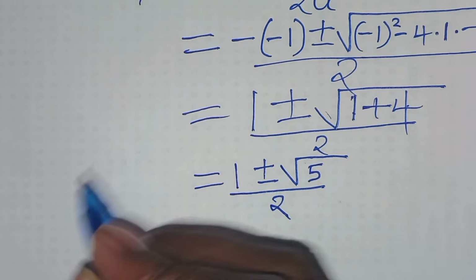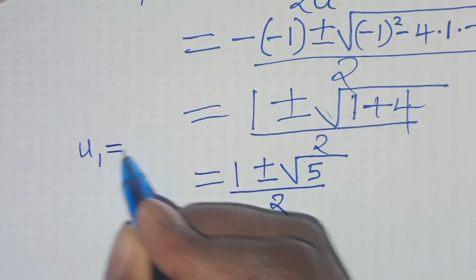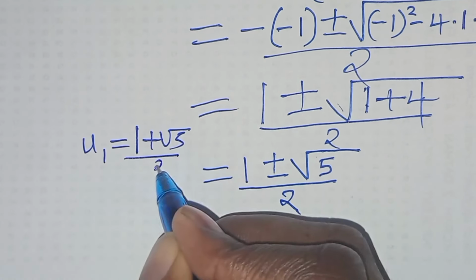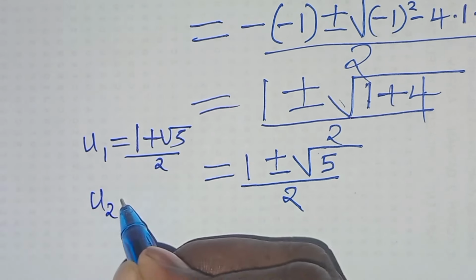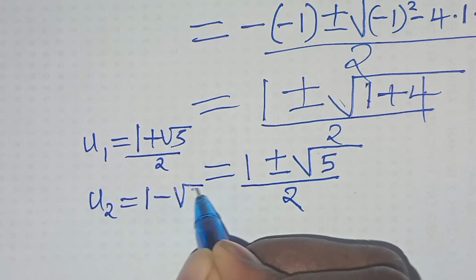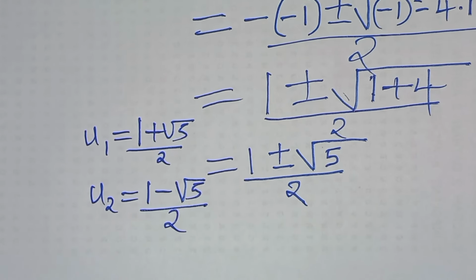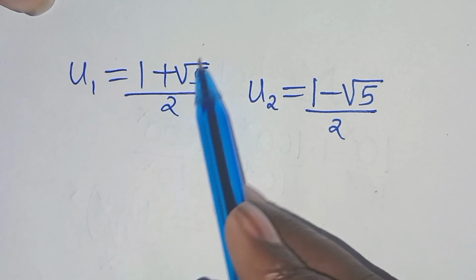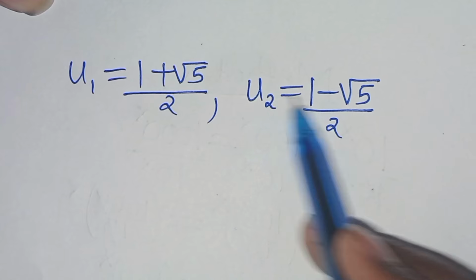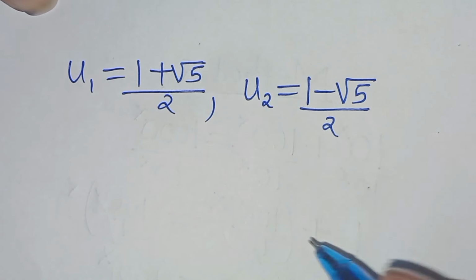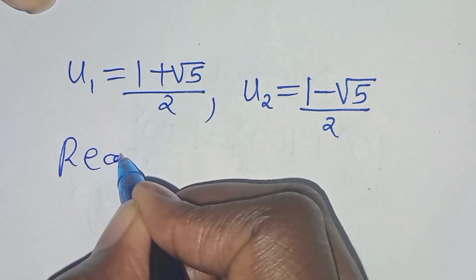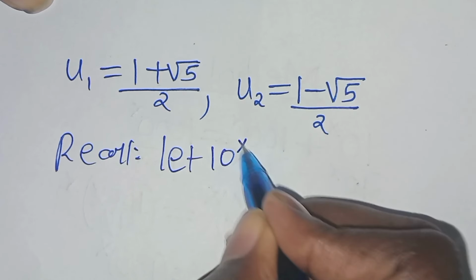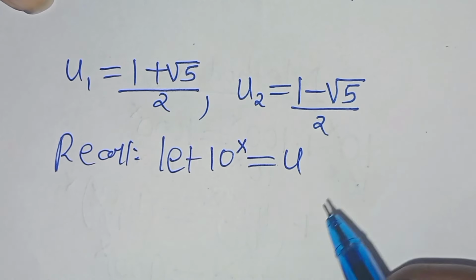So this implies that we have u1 equal to 1 plus square root of 5 over 2, and u2 is equal to 1 minus square root of 5 over 2. And if you recall, we let 10 to the power x be equal to u.